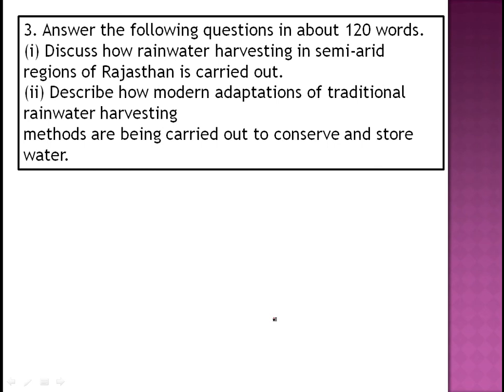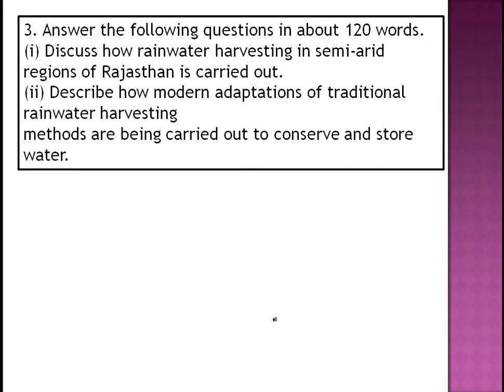Answer the following questions in about 120 words. First one. Here, the third is here. Discuss how rainwater harvesting in the semi-arid region of Rajasthan is carried out.